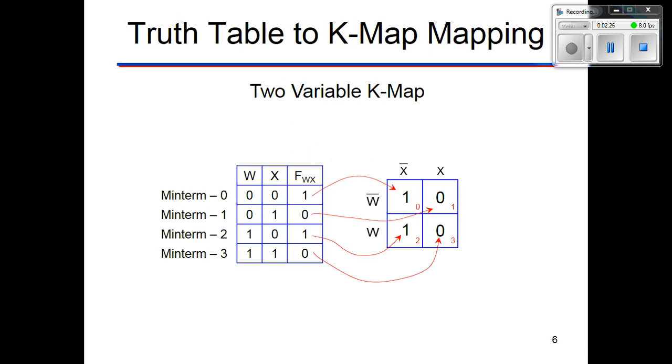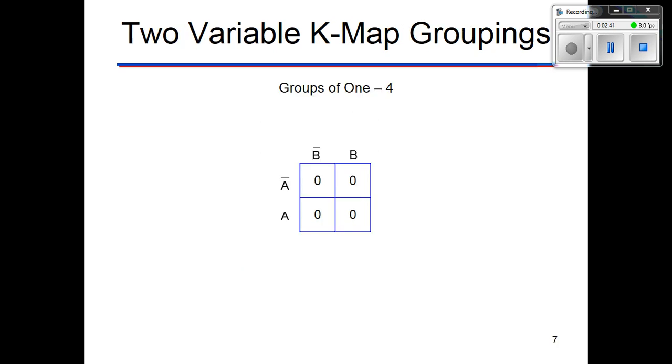So how do you actually get this worked out? Well, what you do is you group them in groups of 2, groups of 4, groups of 8, groups of 16, and of course groups of 1. We're going to start with the group of 1. The group of 1 is just the minterm itself. If it doesn't make sense yet, it will very soon.